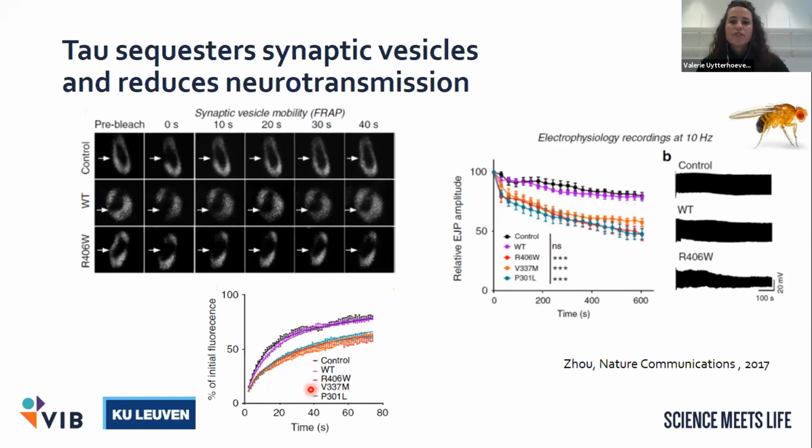And this also affects the neurotransmission. So the reduced synaptic vesicle mobility also reduces neurotransmission in these tau mutant flies. So here the tau mutant flies, when we stimulate the neuromuscular junction at 10 Hertz, the neuromuscular junction cannot sustain neurotransmission over time compared to the controls. They can sustain neurotransmission over time. So mutant tau has a negative effect to sustain neurotransmission at 10 Hertz stimulation.